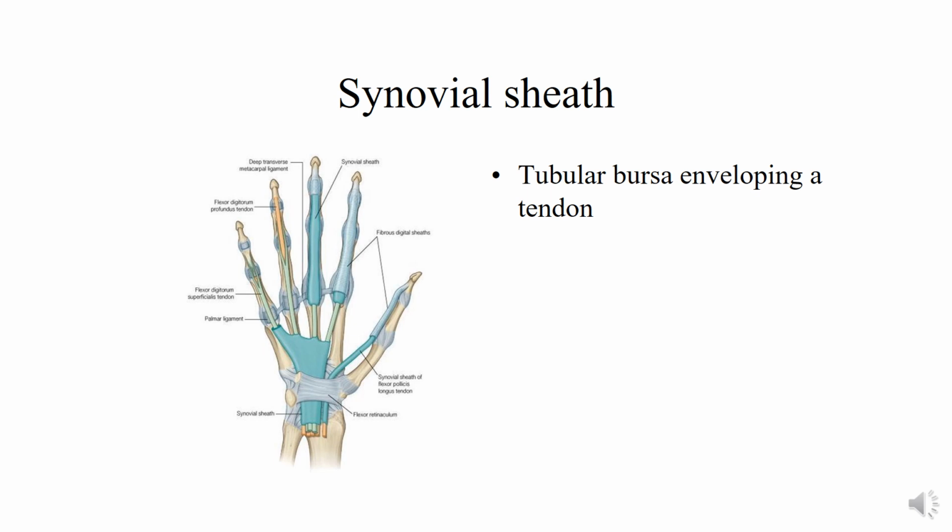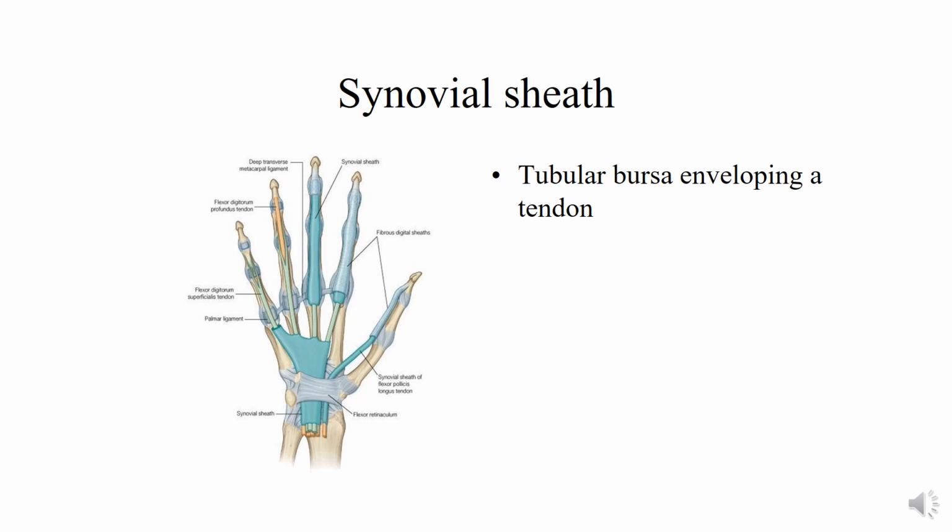The inner layer is called the visceral layer, while the outer layer is referred to as the parietal layer. The two layers are separated by a film of synovial fluid. The visceral and parietal layers are united longitudinally by a synovial fold known as the mesotendon, which transmits the blood vessels to the tendon.